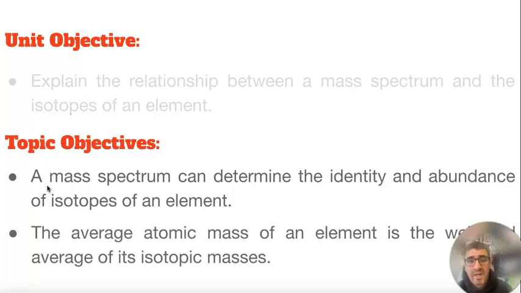And then finally, use any information that you can from a mass spectrum to calculate the average atomic mass of an element, knowing that it's a weighted average of the isotopic masses.